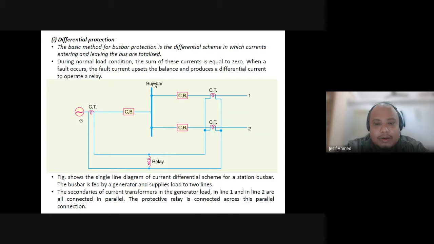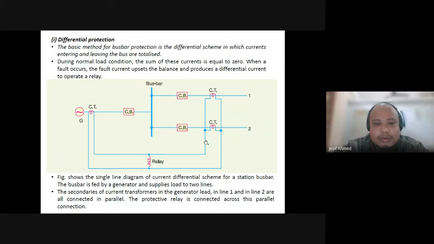But if there is a fault in the busbar section, obviously this will be short circuited. So the current entering will leave via this short circuit path, not via these two lines, because the busbar is now short circuited. So obviously the current in this line will no longer be equal to the total currents of these two lines. Accordingly, the secondary currents of these pilot wires will be disturbed.